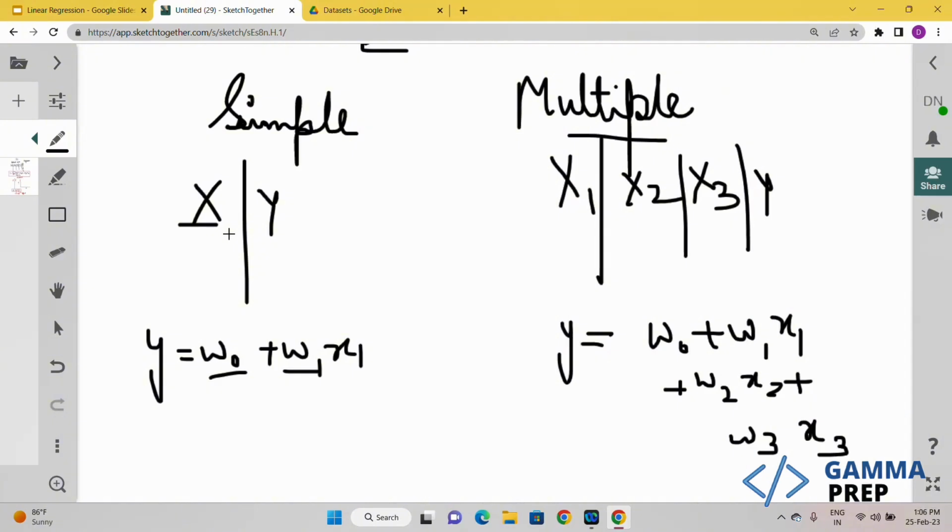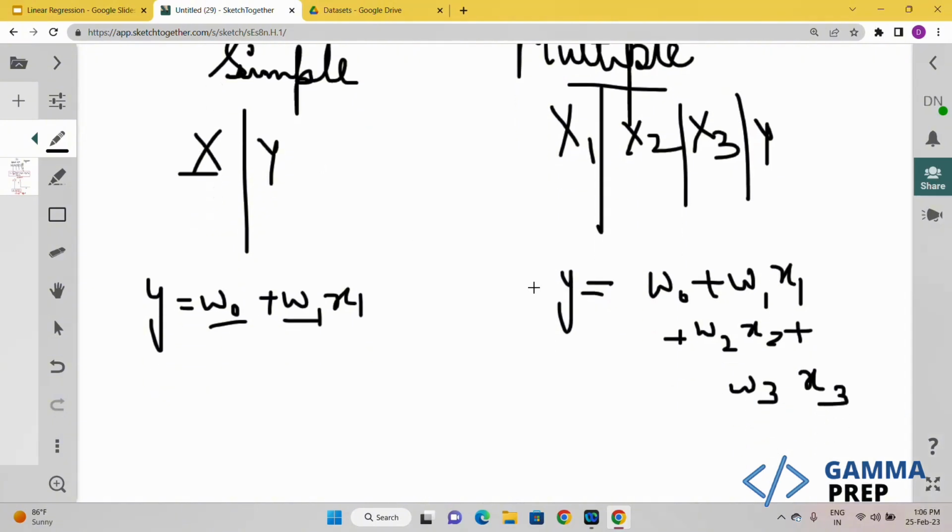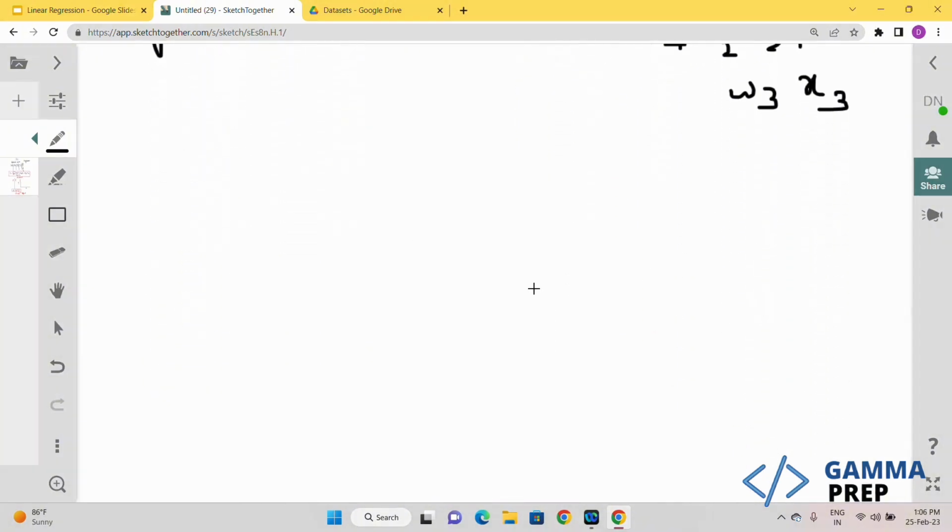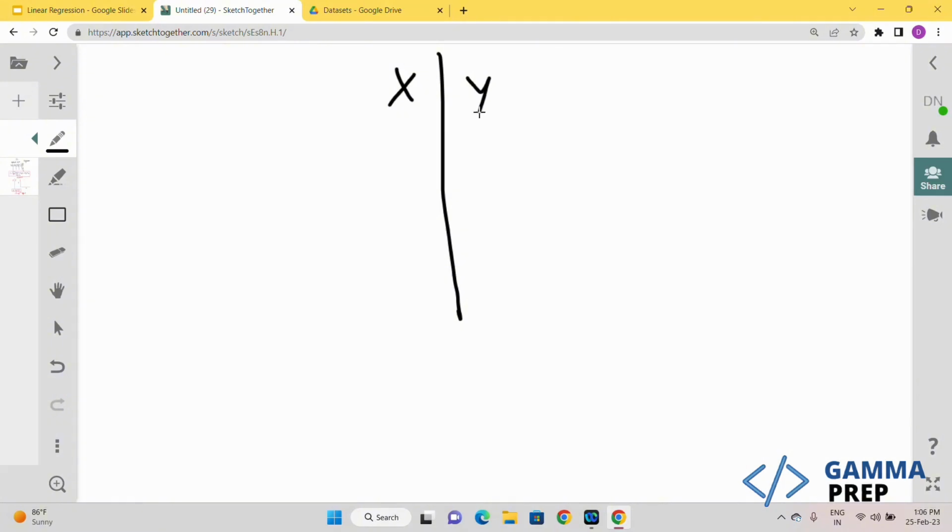To understand things in a better way, let's start off with simple linear regression because everything is going to be similar. So let's do it in a simplistic manner. That is, we have one x and one y. Everything that we do here is going to be the same for multiple linear regression also.